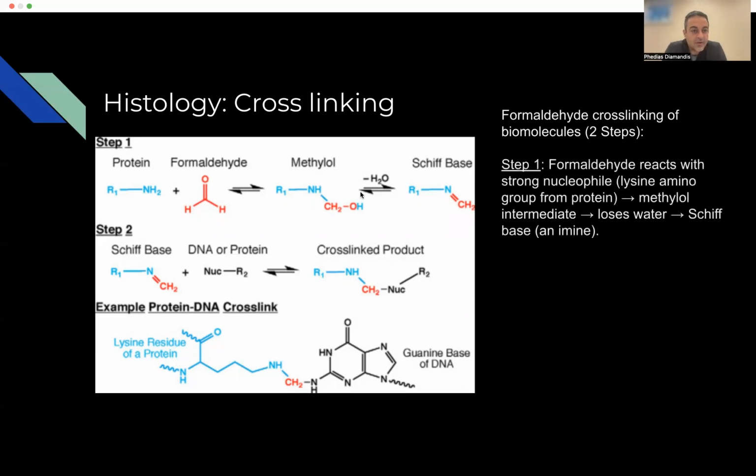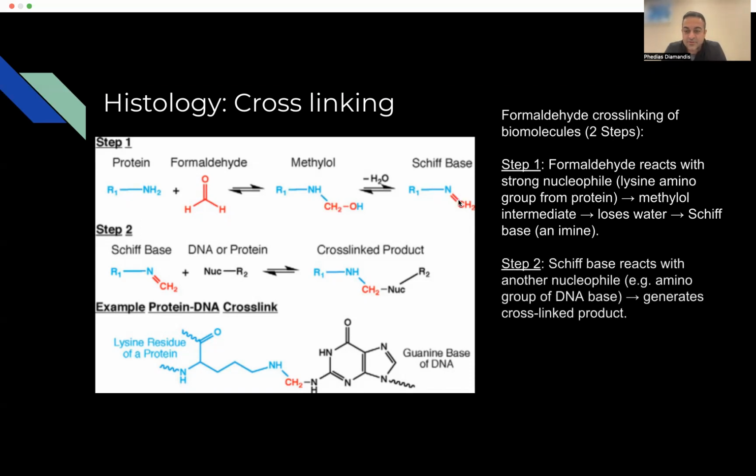So here we have a protein. It has this nucleophile, which is often a lysine amino acid group of a protein, and it's going to react with formaldehyde, CH2O, and the basic component of the protein is going to cross-link to form this methylol group, and then this is going to lose water and form what's called a Schiff base.